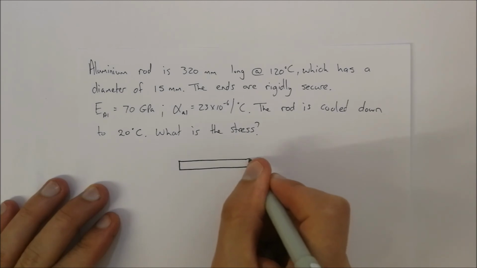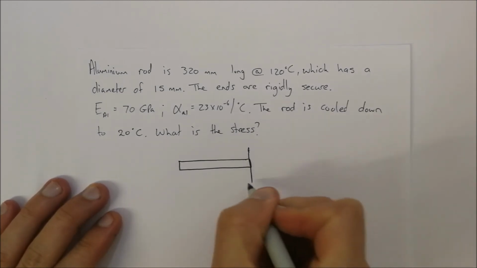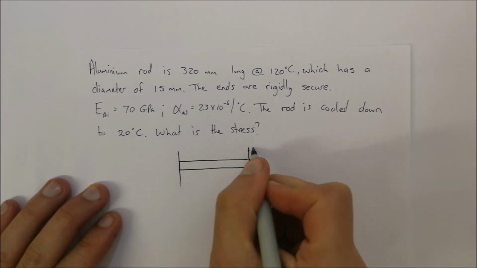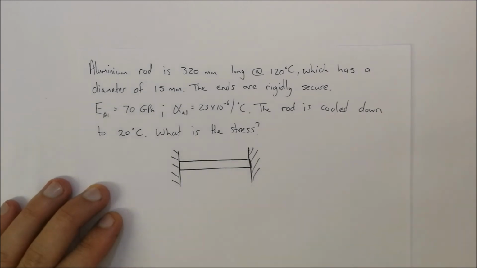Keep in mind we've got essentially a rod. This rod is at 120 degrees. We know that it is rigidly secured, so it could be connected to some wall, for example, and cannot move.